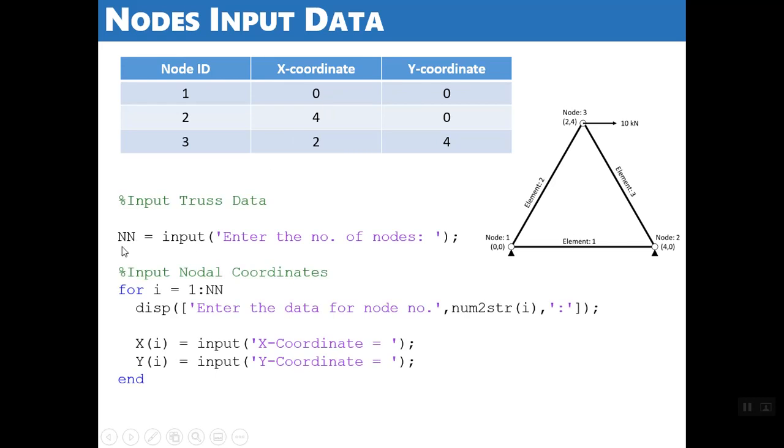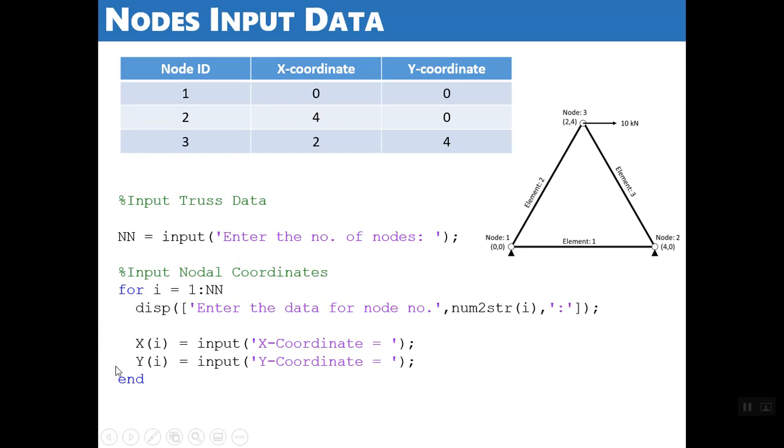So we have to begin with asking the user how many nodes we have in the truss. N has been chosen as a variable to store the number of nodes in the truss. An input command can be used to take the input from the user, and you can have any message that you want.